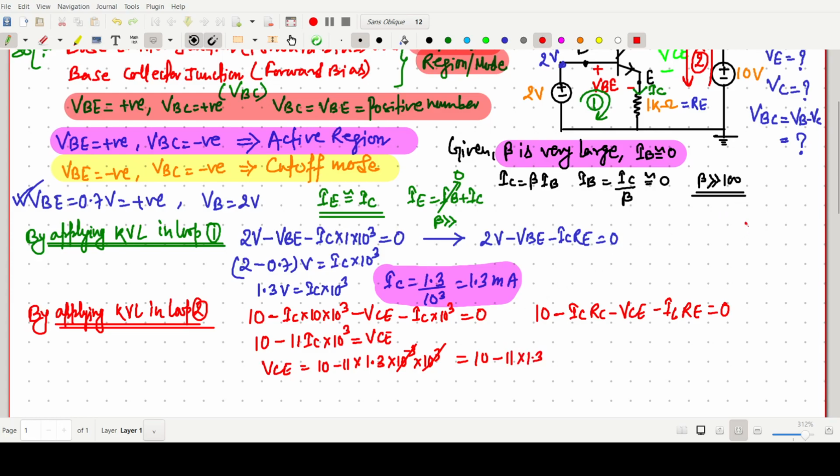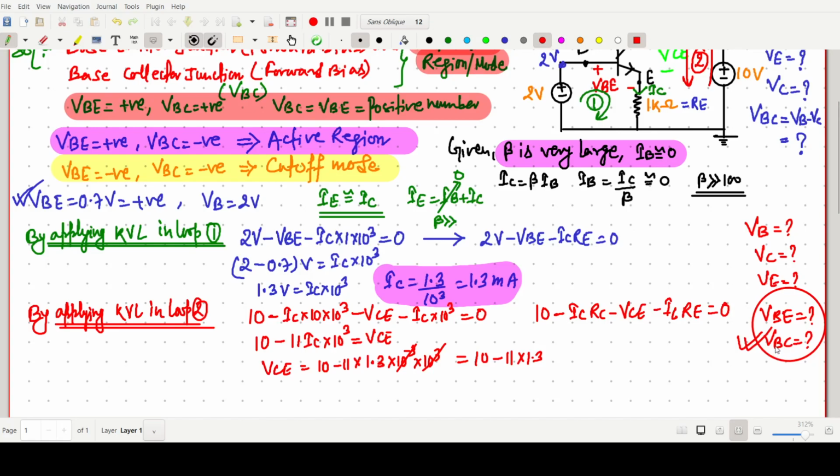Basically we have to find the value of VB, VC, and VE, because if we know VE and VBC, we can easily say in which mode it will work. VBE is known to us, but we don't have VC, so that's why we are doing all this operation.